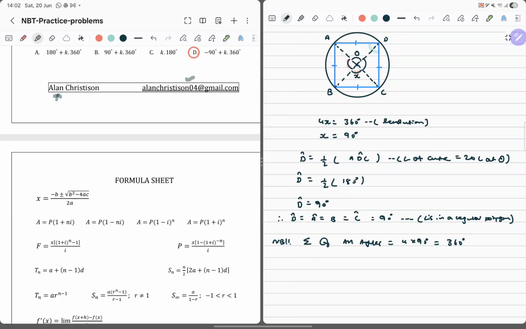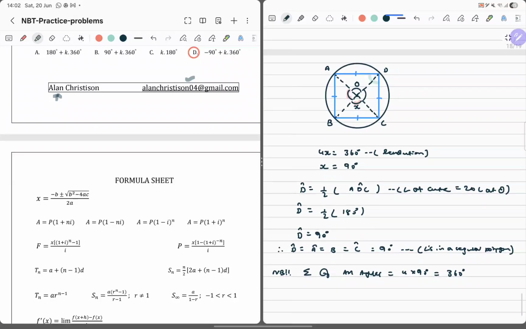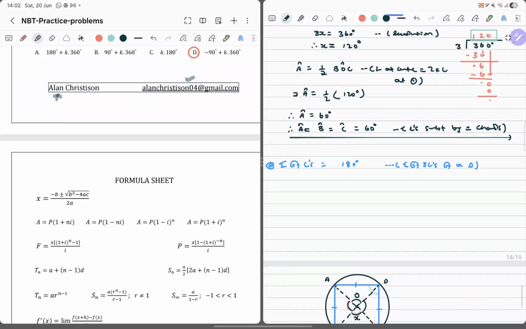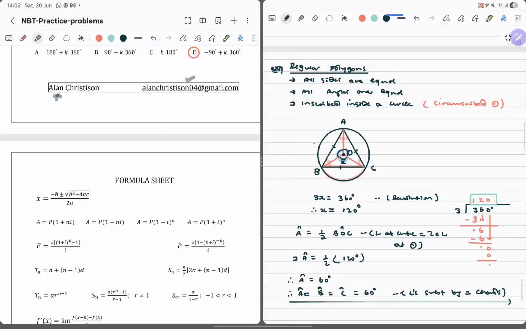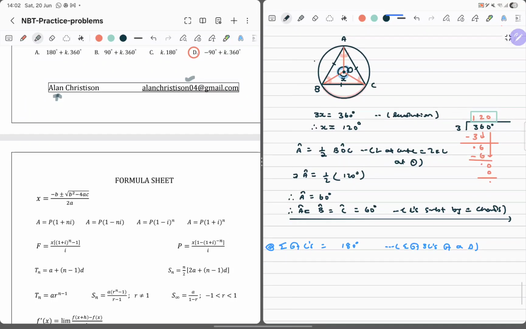Okay, so we know that all quadrilaterals behave like this. As long as it is four-sided, this is going to be the case. And we know that all triangles, as long as it is three-sided, the sum is going to be 180.